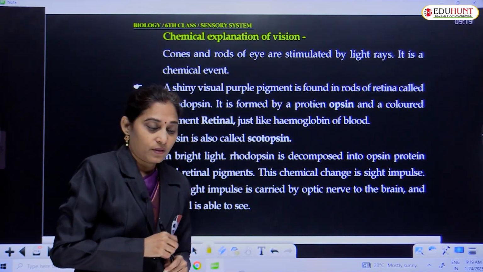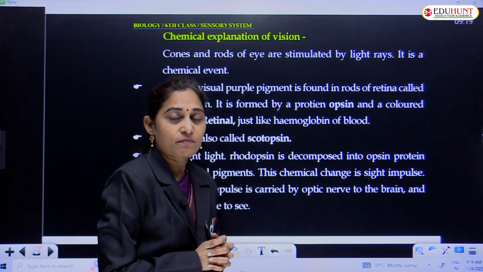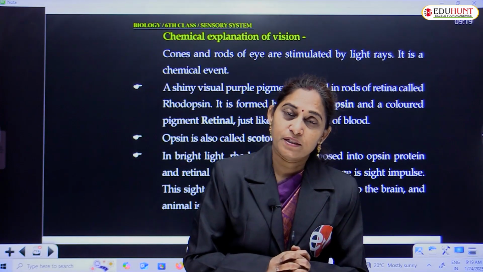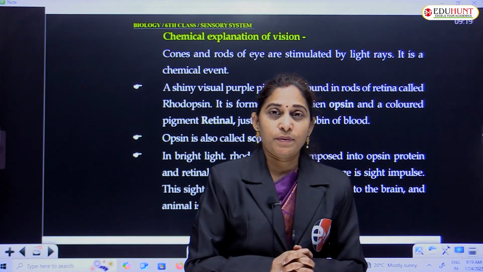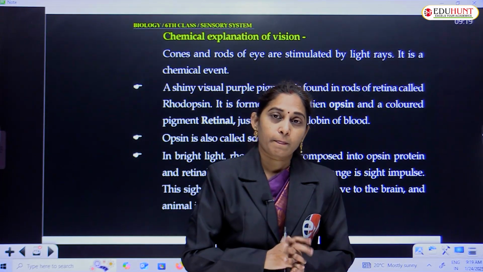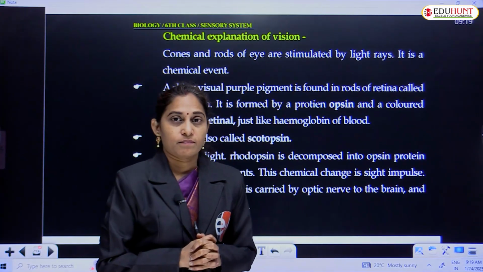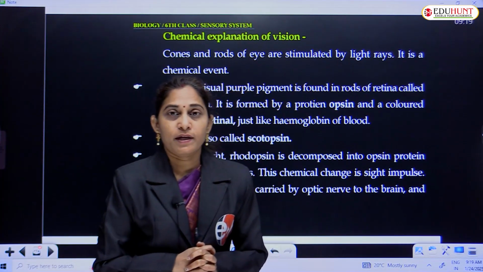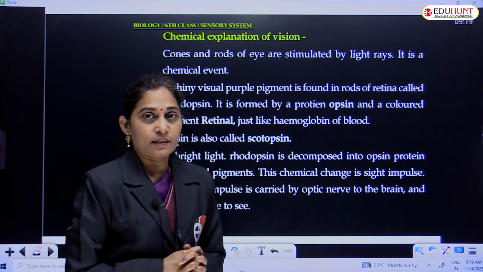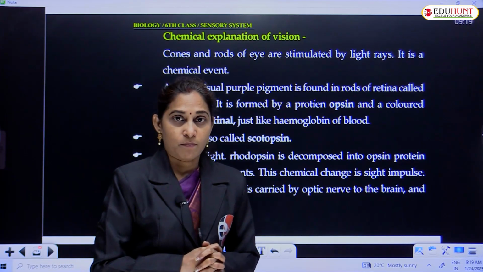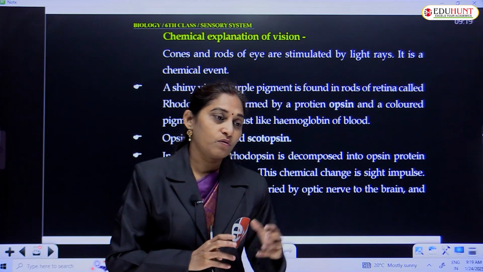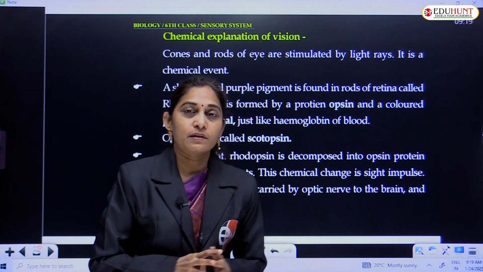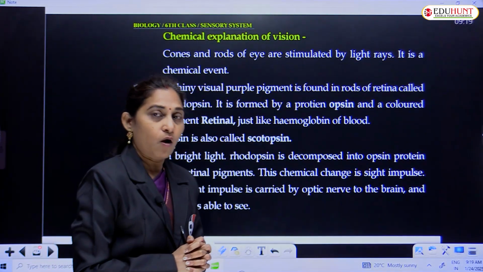And the signals will be converted into electrical impulses, and these electric impulses will be carried through the optic nerves to the brain. After reaching the brain, that converts the electric impulse into image form, so as to enable the person to see the object.